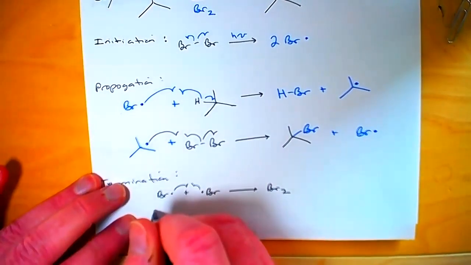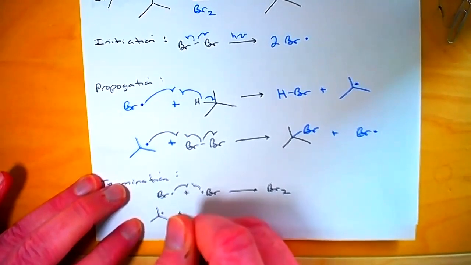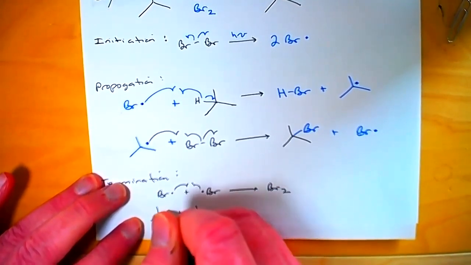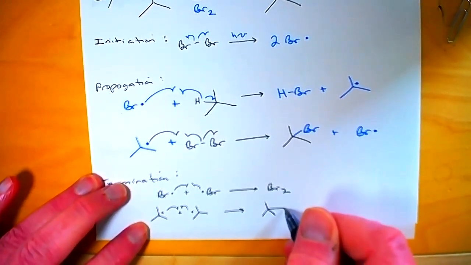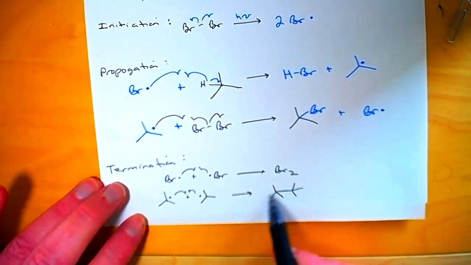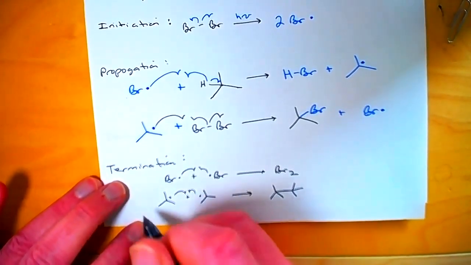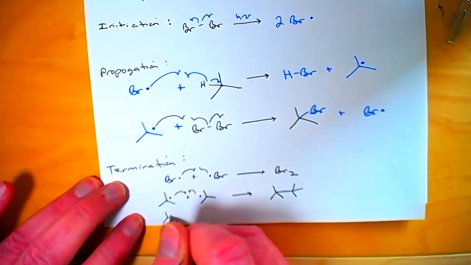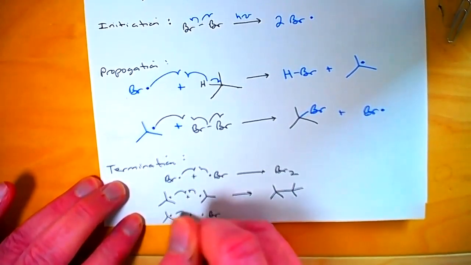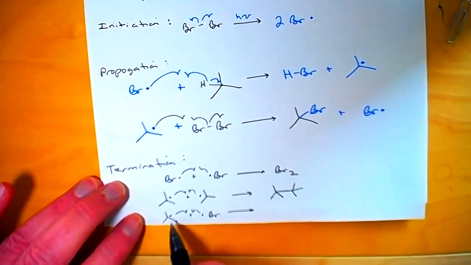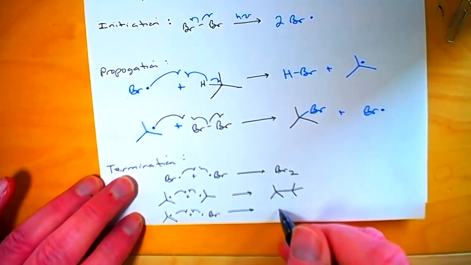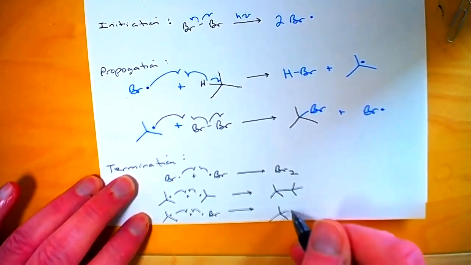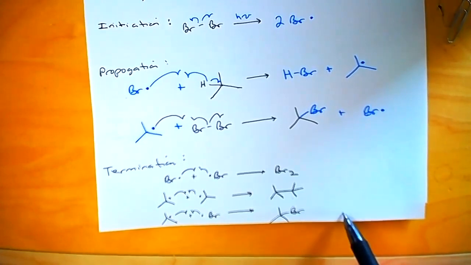The ones where you start to have issues is, what if 2 radicals were to form that involve the organic molecules? Well, that would mean that you would end up forming species like this, which you will probably see a little bit of in there, or you're going to start to see where the organic radical reacts with the bromine radical directly, and you end up with the desired product, but of course no radical on this side.